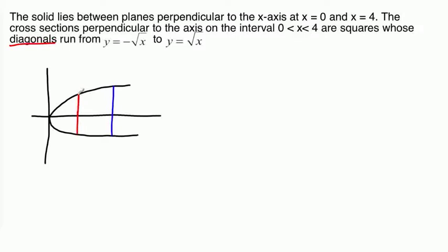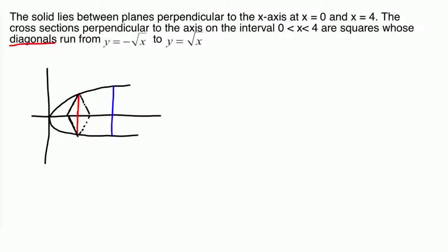So essentially, it's going to be hard to draw this, but it's going to look something like this, because the diagonal is part of the cross section, not the base that lies on that cross section. So this cross section is going to look something like that. Let's see if I can redraw that. Something like that.